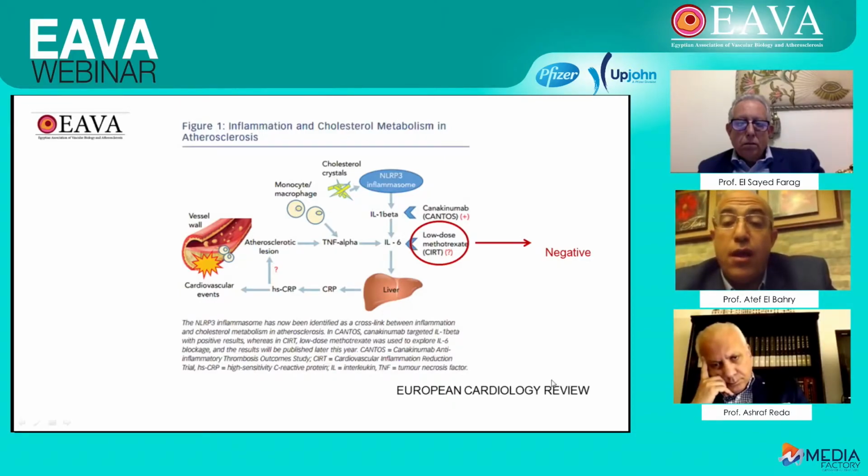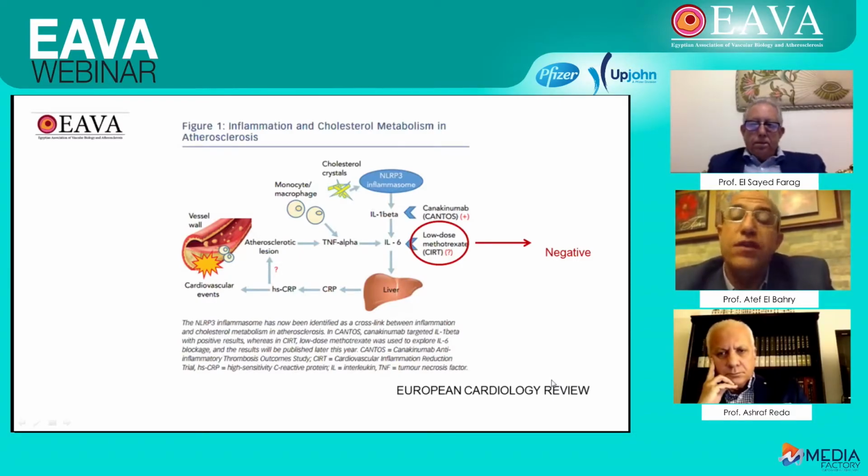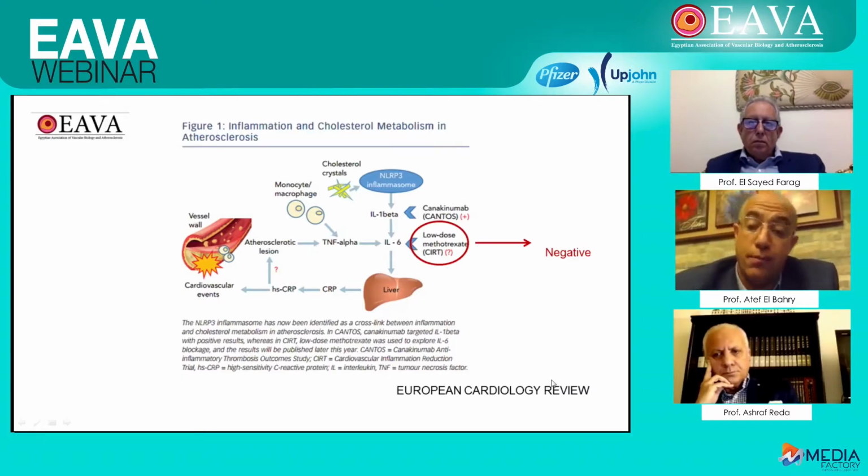So from CANTOS, we have evidence for the importance of inflammation, and we have another evidence for the use of canakinumab to counteract this inflammatory process and the cross-link between inflammation and cholesterol metabolism.